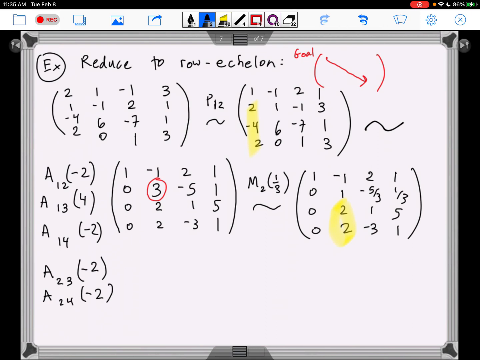That's how you can get a 1 to cancel out a 2, because the 1 is going to become a negative 2, added to 2, we get 0. So let's write down the first 2 rows. Those are not going to change.